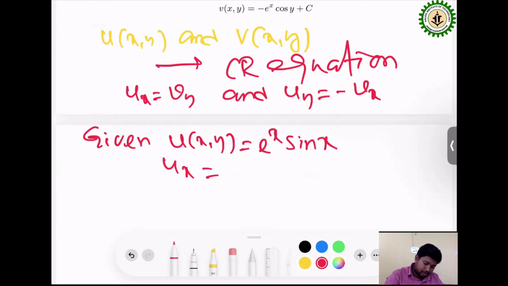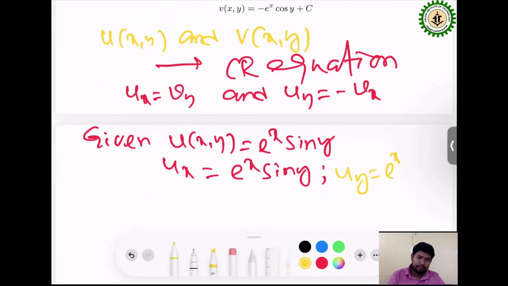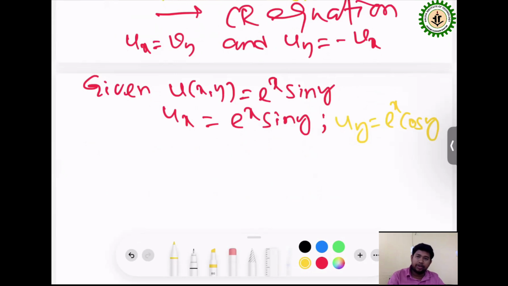What is the ux? Sin y times e to the power x, so e to the power x sin y. And e to the power x cos y is the derivative with respect to y. Find the harmonic function v x y.